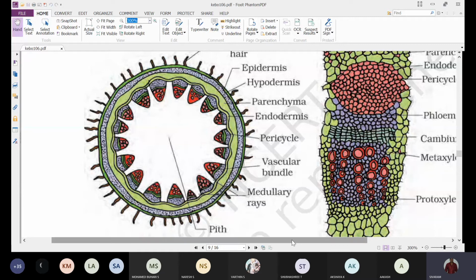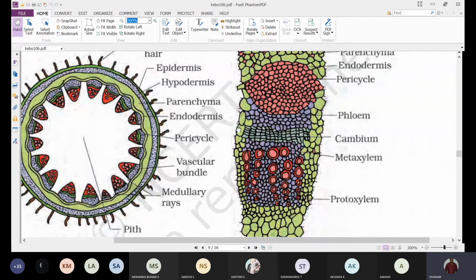When you observe here, this is xylem, this is phloem, and this is the cambium. This cambium is called intravascular cambium because it is present between xylem and phloem within the vascular bundle. That's why we call it intravascular cambium.